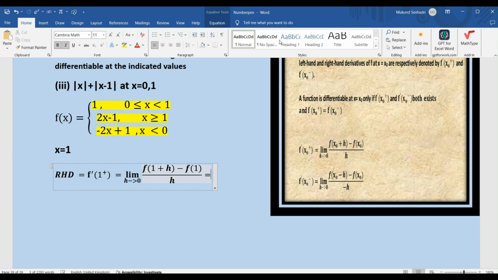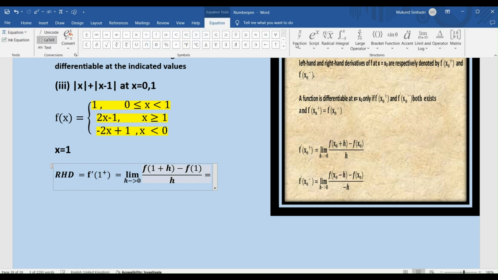So let's do that for the first part of the numerator. And I have a 2 into 1 plus h minus 1. And then I'm left with what is my f of 1, right? And for f of 1 is when x equals 1, right? And we still have this equation represented by 2x minus 1, right? Which is what we represented just now.